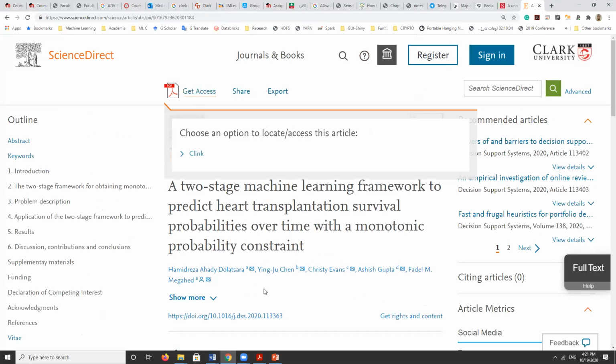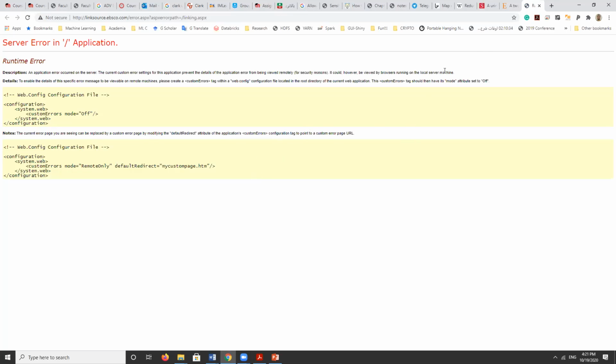When I click on get access, inside the university you would see something like a link. Oh, it's very slow. There is an issue.